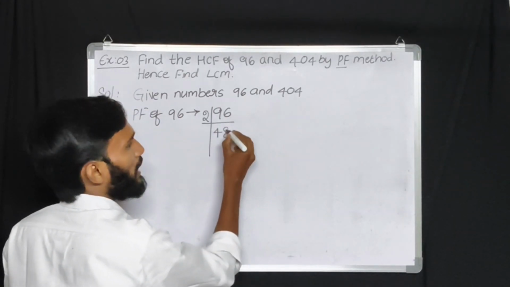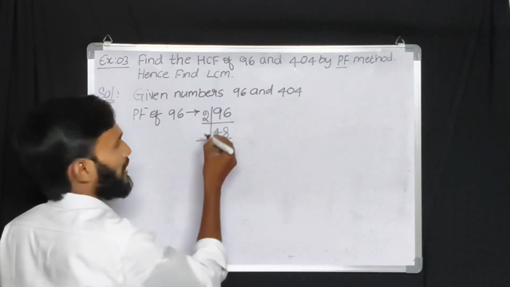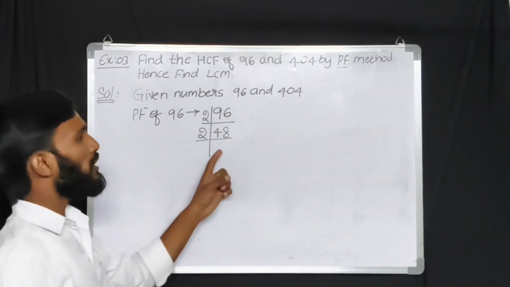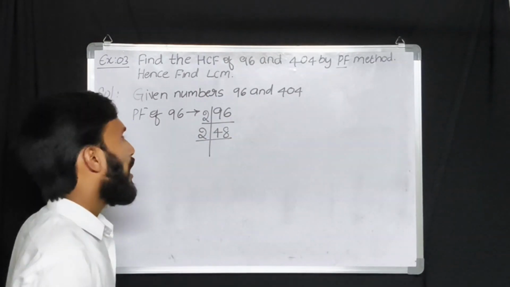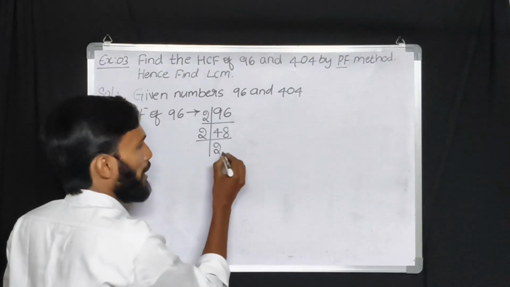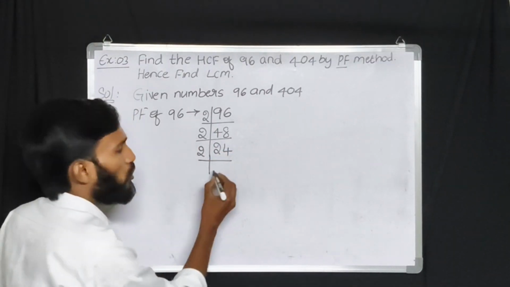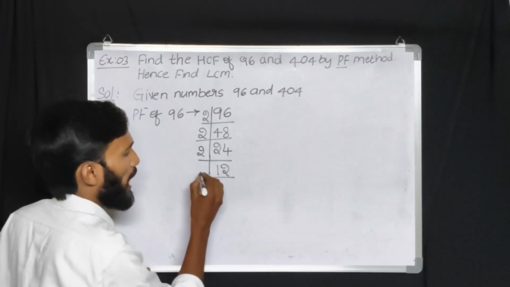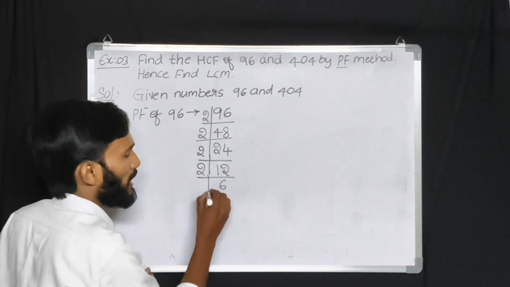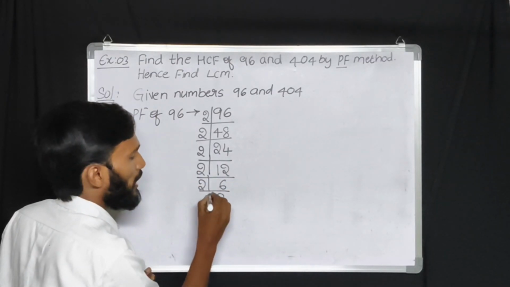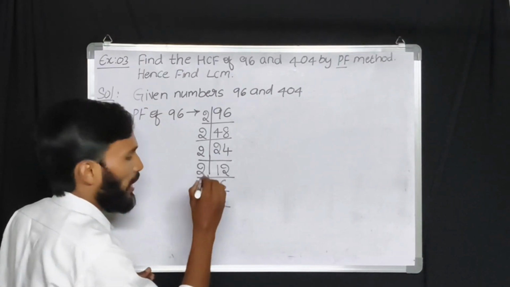And 16, how many times? 18. Next, in the 2 table again, because the last digit is 8. Now in the 2 table, 4 is 2 times and 8 is 4 times. Again in the 2 table how many times? 2 is 1 time and 4 is 2 times. Again in the 2 table, 6 times. In the 2 table, 3 times. In the 3 table, 1 time.